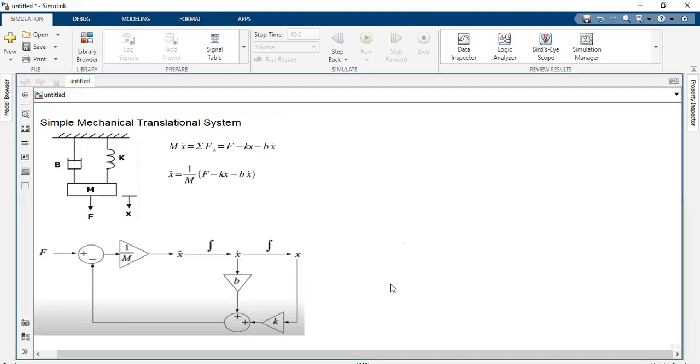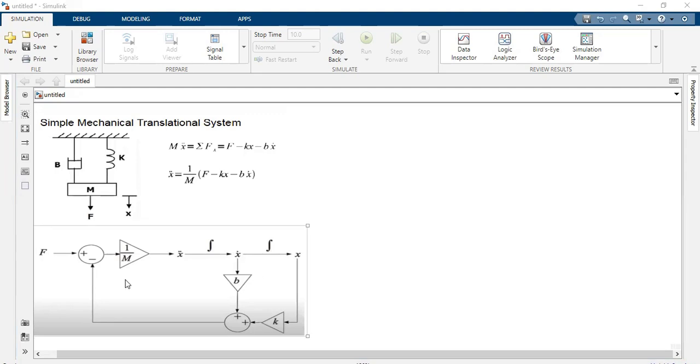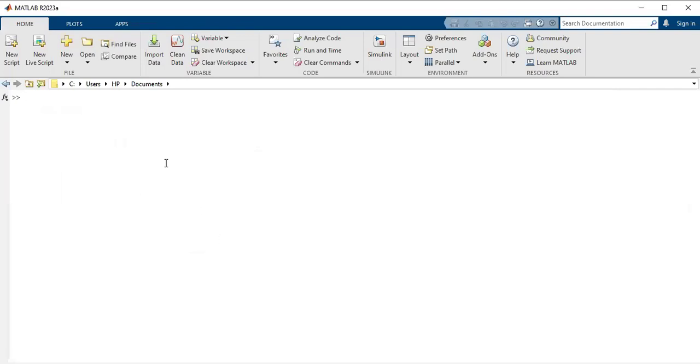Now we are going to simulate this mechanical translational system, which we have represented by means of the block diagram. This is now being constructed in MATLAB. Before drawing the circuit, we have to open MATLAB. Once MATLAB is opened, we get this screen.